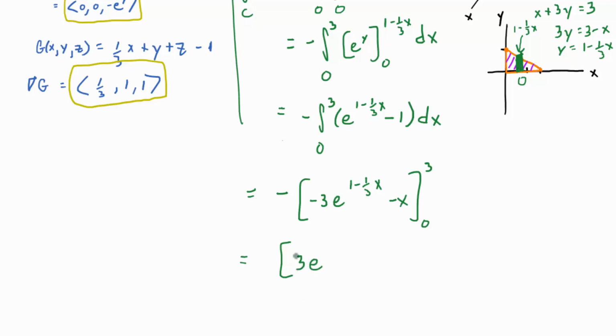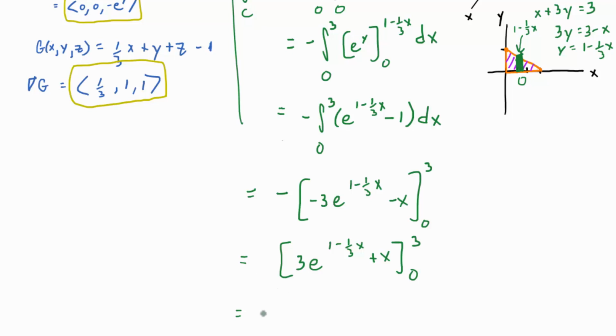So e to the 1 minus 1/3 x plus x inside the evaluation brackets. Okay, so plug in 3, and what do you get? Numbers. You better get a number for a definite integral, right?